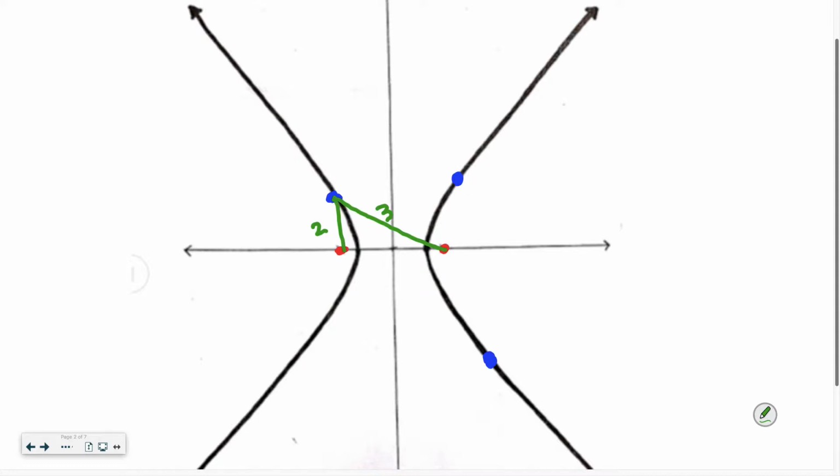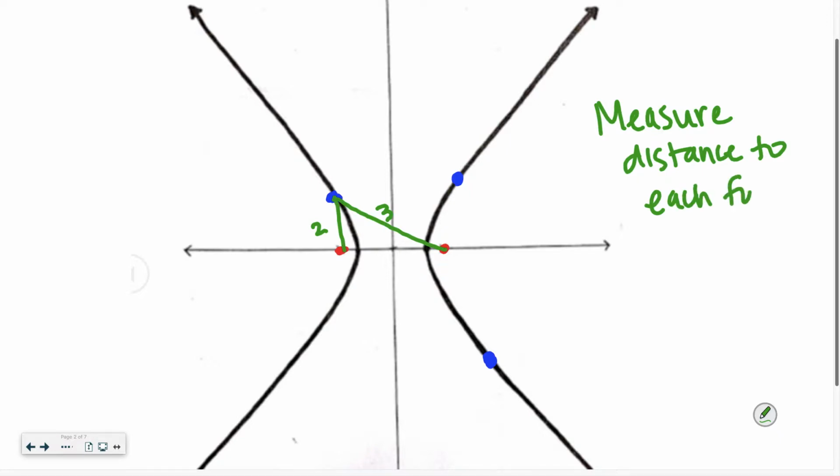Obviously mine aren't 2 and 3, but go ahead for each coordinate, measure the distances from each focus and write them down. I'm going to give you about 30 more seconds.